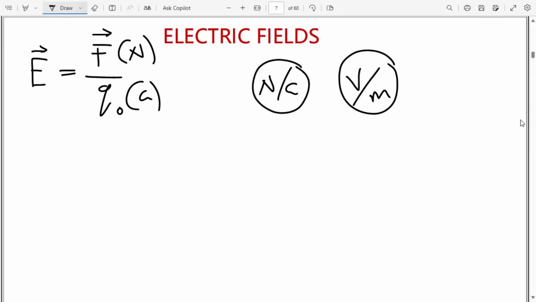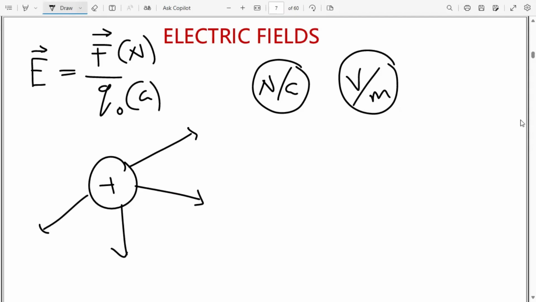This direction is where a positive charge would be pushed. That means if I'm given a positive charge here, the electric field is always pointing away from the positive charge, at 90 degrees from it, like that.